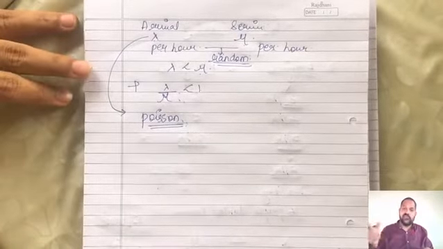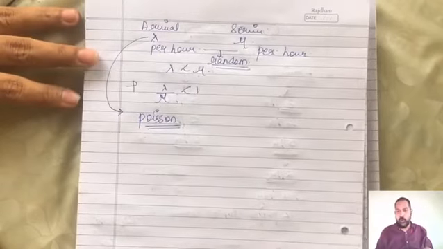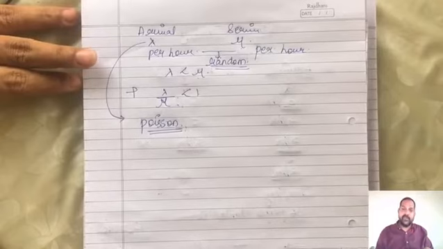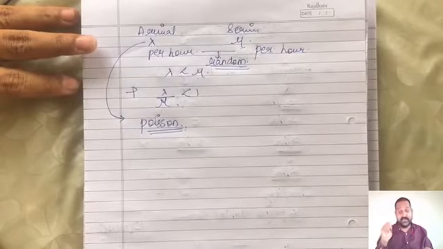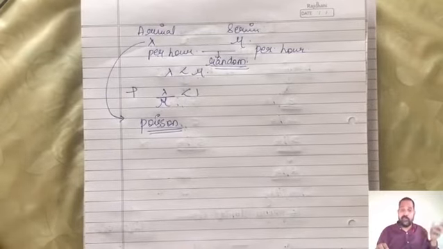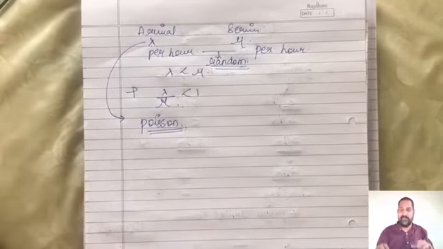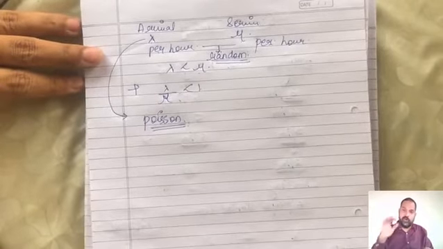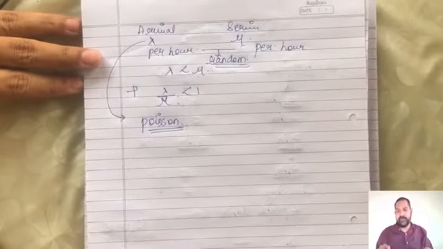If on an average there are 5 accidents on this particular road, what is the probability that there will be at least 2 accidents, at least 3 accidents, 4 accidents? I found the average number of defectives in this given lot is 7. What is the probability that in a lot of 100 articles there will be 5 defective?